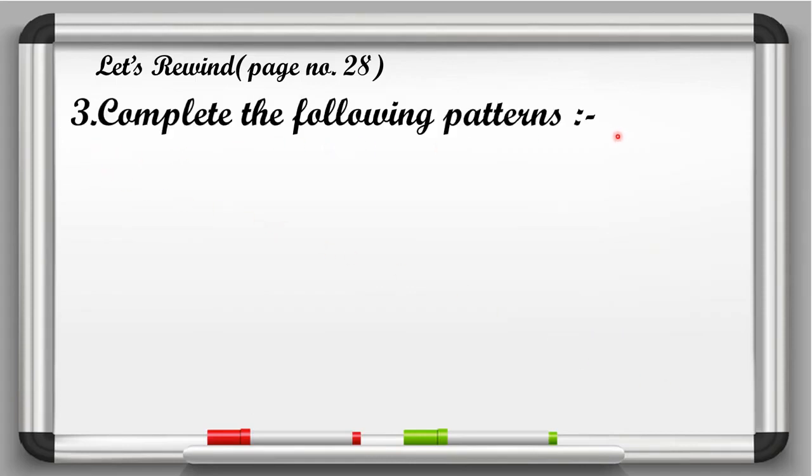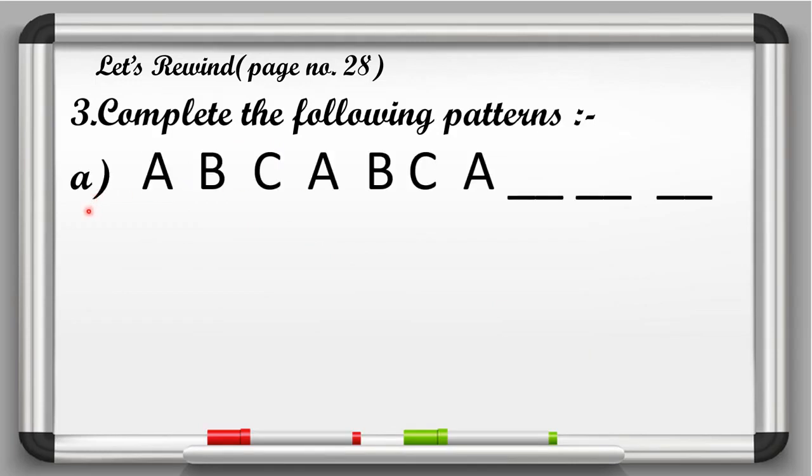Complete the following patterns. So here in A part, it is given A, B, C. Then A, B, C. Then it is given A. So beta, in patterns, first of all we have to observe what is given to us. Here you can see A, B, C is repeated again and again.